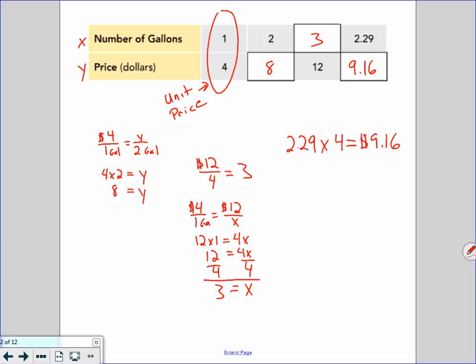And the reason again is if I were to set this up, $4 over 1 gallon, and I've got 2.29 gallons, again, what would we do? We would take the 2.29 times the 4 there to get the $9.16.